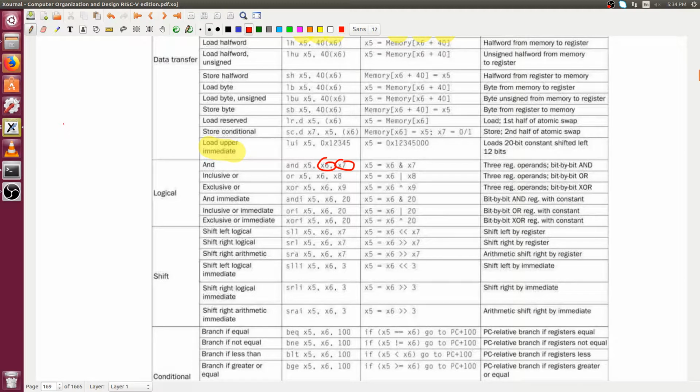If we had 1 0 1 1 ANDed against 0 1 1 0, it's bit by bit AND, so we just compare bits. 1 AND 0 is 0, 0 AND 1 is 0, 1 AND 1 is 1, 1 AND 0 is 0. This is what's stored in, say, x5.